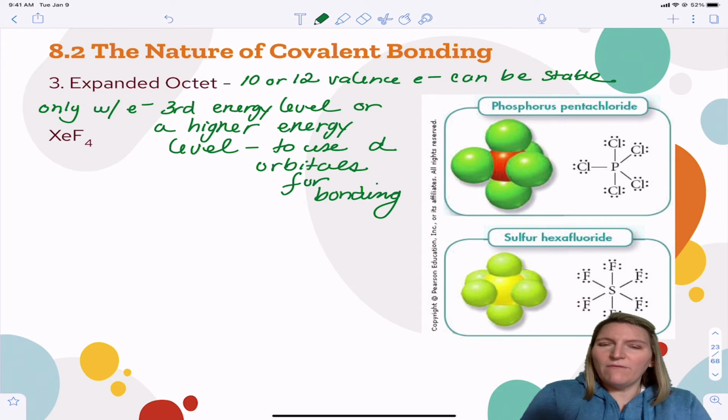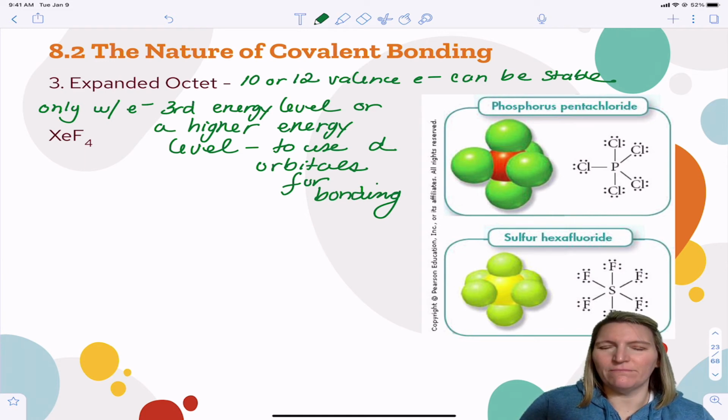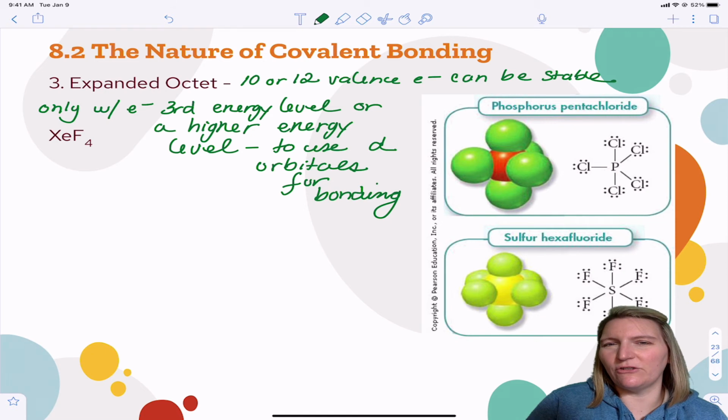So this is one of the places in chemistry where we're actually not exactly sure how this works. The leading theory, remember, a theory is just an explanation of an observation, as to why some molecules can have an expanded octet, why some central atoms can have more than 8 valence electrons, is that they have to be in the 3rd energy level or greater.